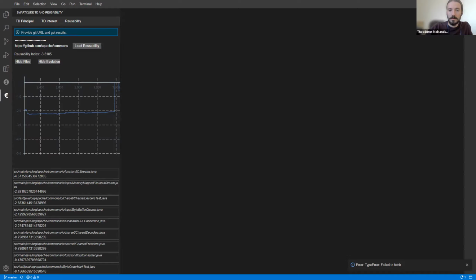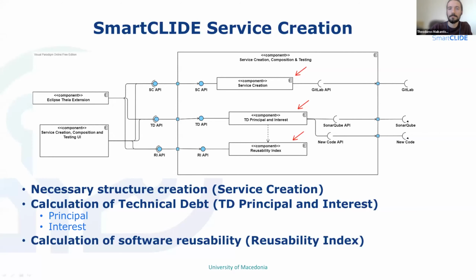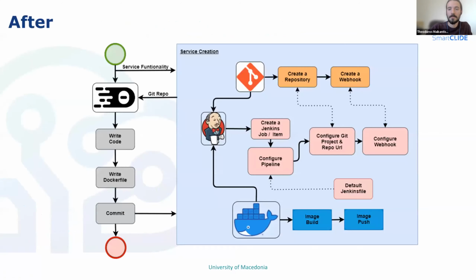So, moving on, this is the current state of our component, where we isolated several of the steps required for the developer, and now many of them are automated, many of the repetitive and boring steps.